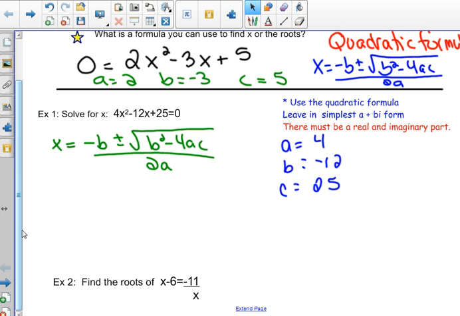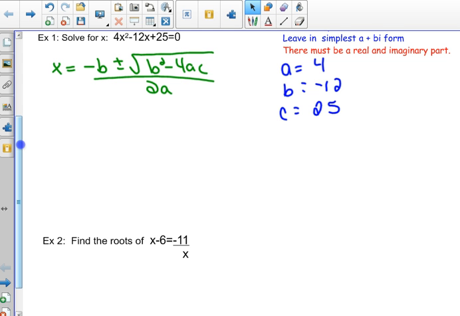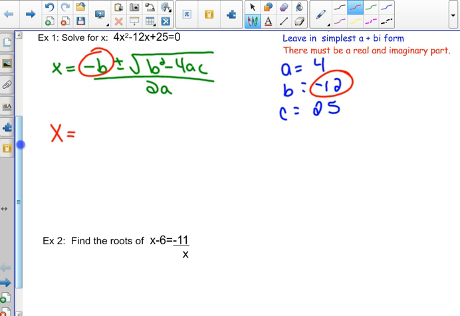So what we're going to do is plug in our a, b, and c values into the quadratic formula. Be really careful, we're watching our signs. If this is a negative b and your b is already negative, what happens with the negative? Good. So we have x equals positive 12 plus or minus the square root.